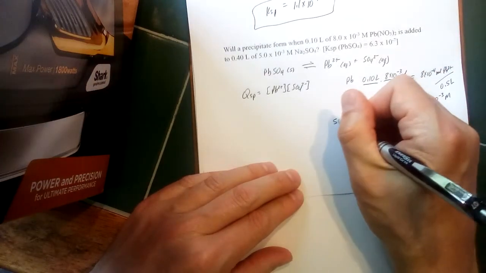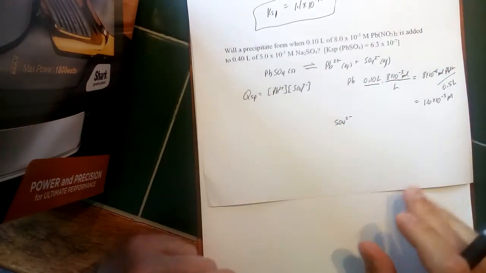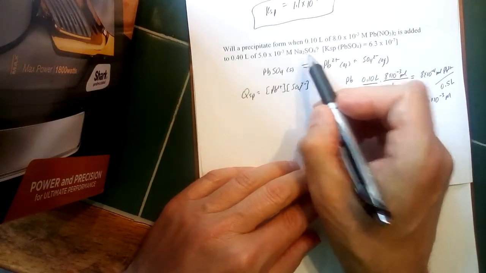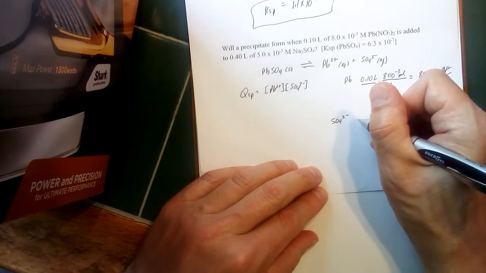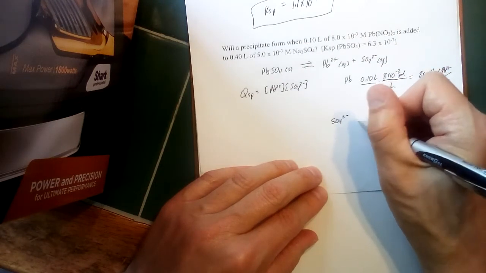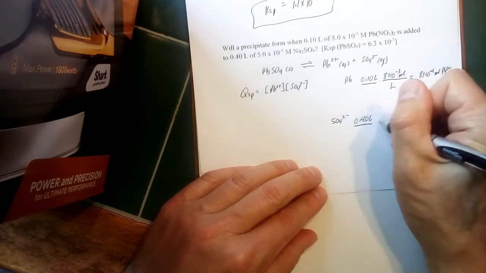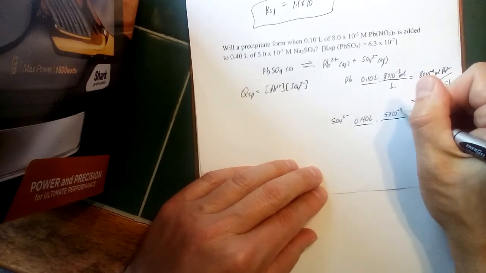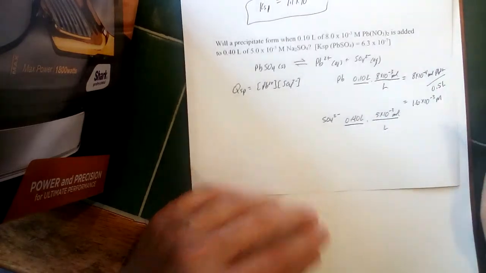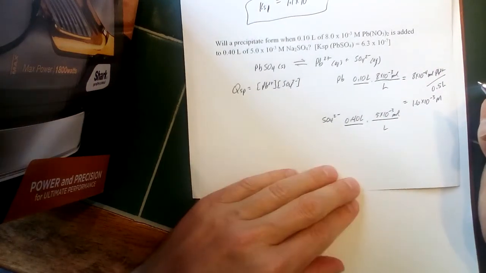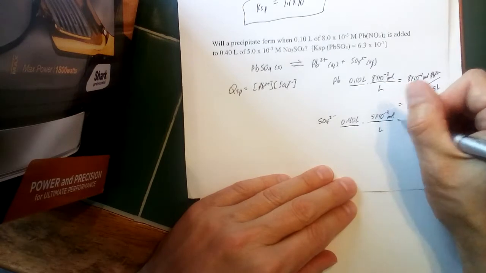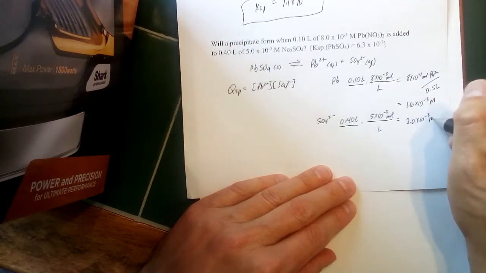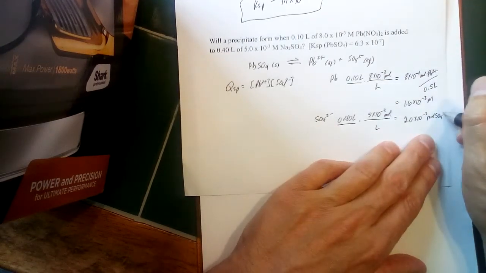We can do a similar calculation for the concentration of the sulfate ion. Again, there's 1 sulfate in every formula of sodium sulfate, so we won't need to change from the original molarity. 0.4 liters of sodium sulfate solution, 5 times 10 to the minus 3rd moles per liter from the given molarity of the solution, and that gives us 2 times 10 to the minus 3rd moles of sulfate ion.